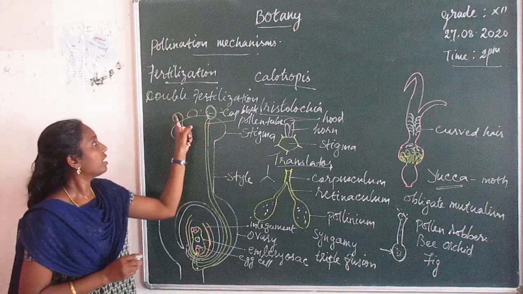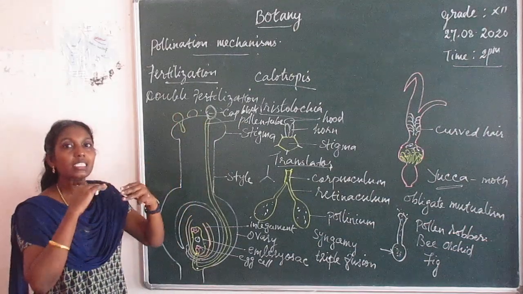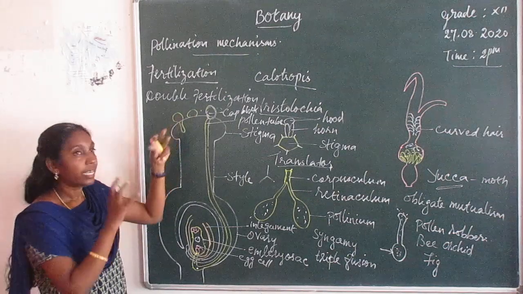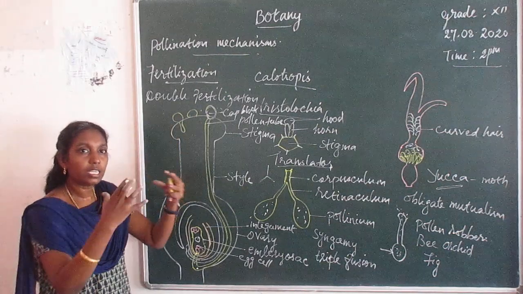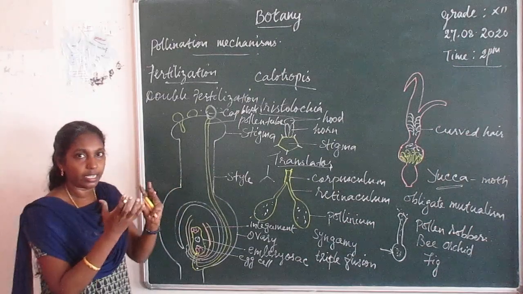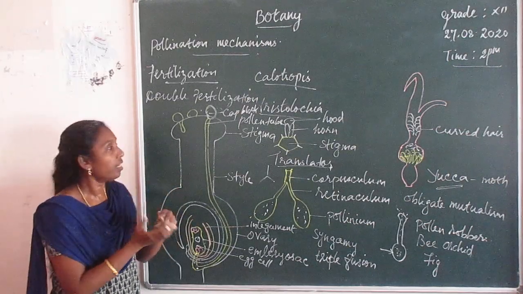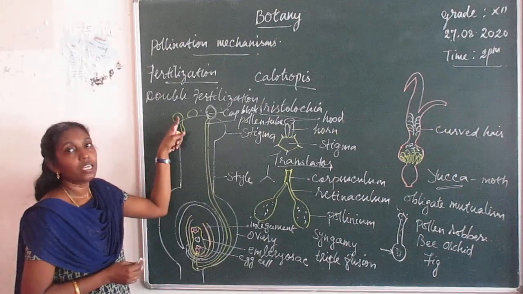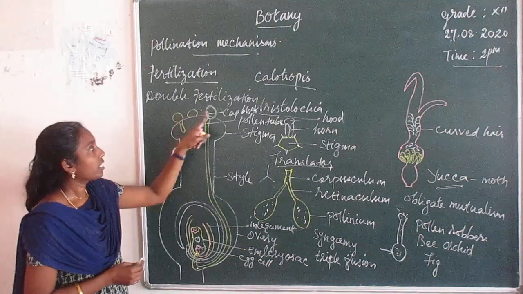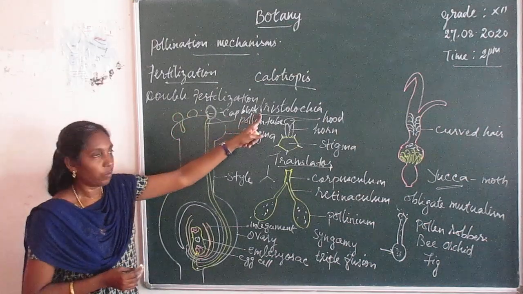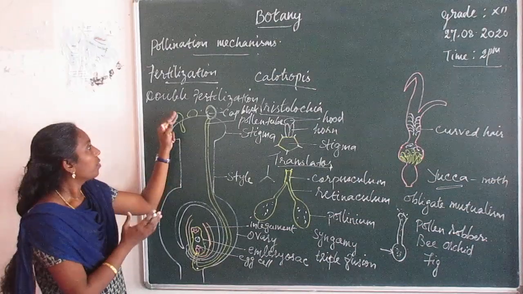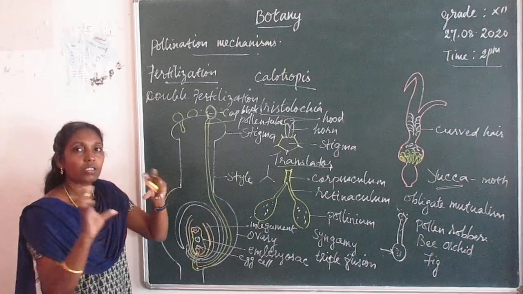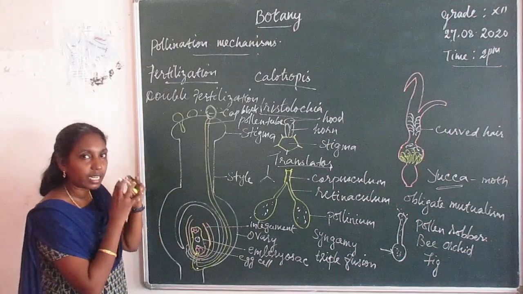All the pollen content, the cytoplasmic content, moves towards this extreme tip. So the hemispherical tip region contains all the cytoplasmic content.